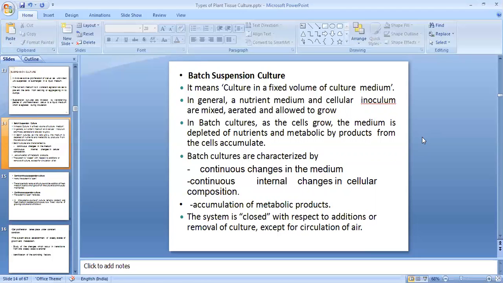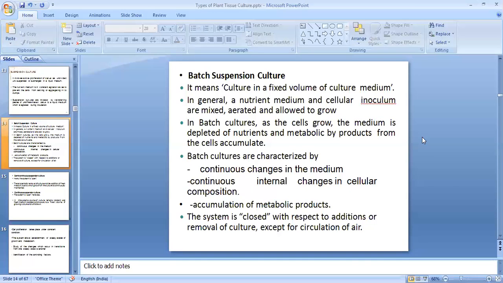It is a closed system where a specified amount of the culture medium is taken and inoculated, and once the cells are grown fully or once the medium is deprived of its nutrients, the process is stopped and then it is subcultured.